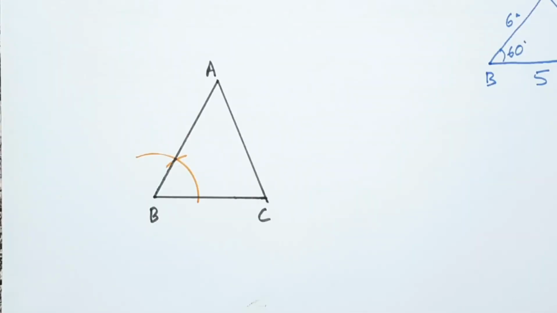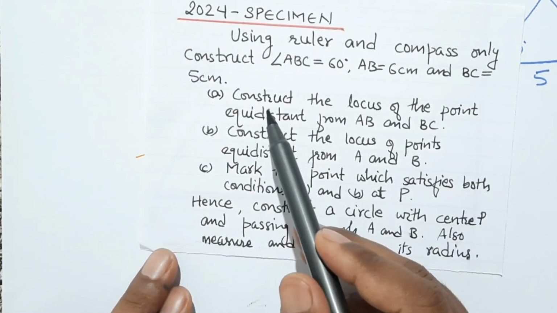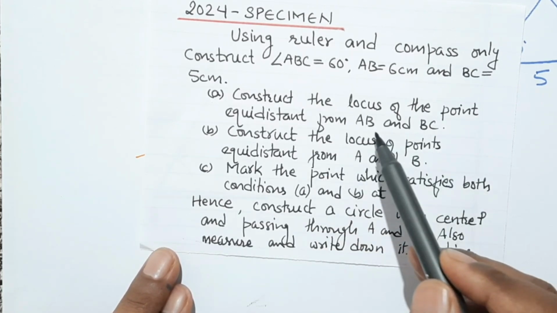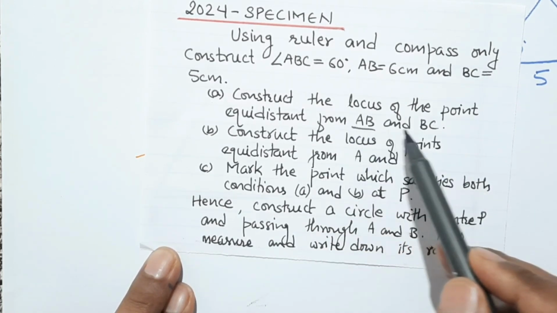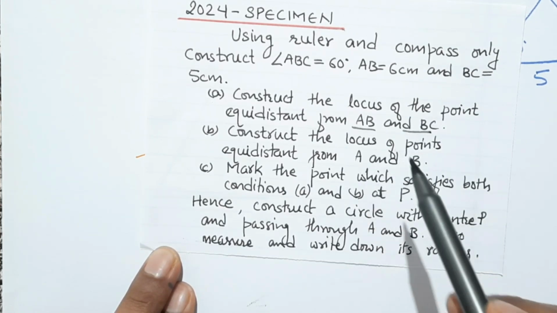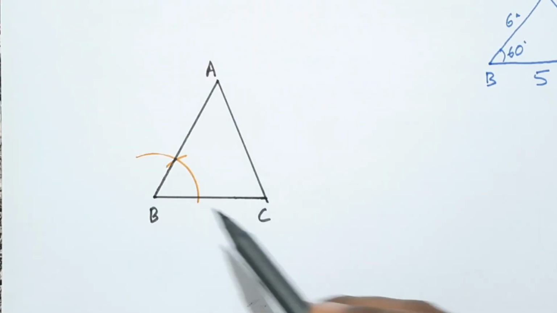Now the second part is construct the locus of the point equidistant from AB and BC. That means we are going to construct the angular bisector of angle B. So AB and BC, that means this angle.